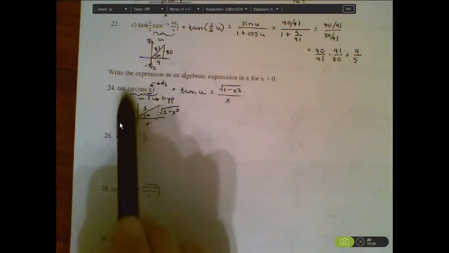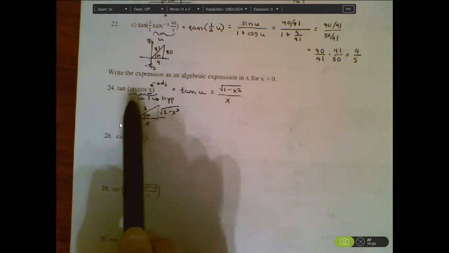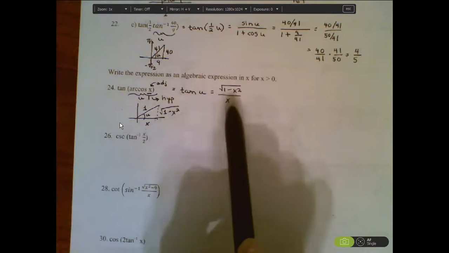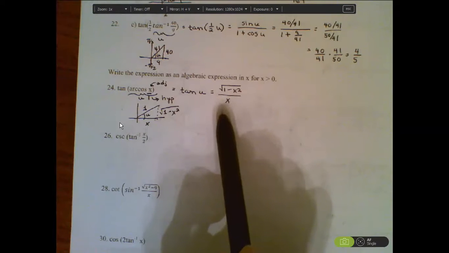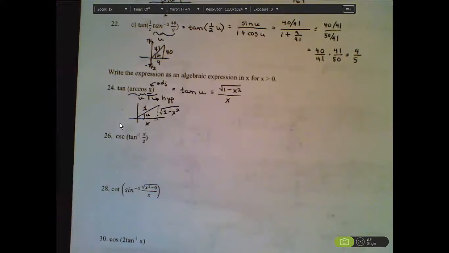We can't always change trig to algebra, but when we can, it's a very useful tool. It's a very helpful thing in calculus. All right. We have 3 more.